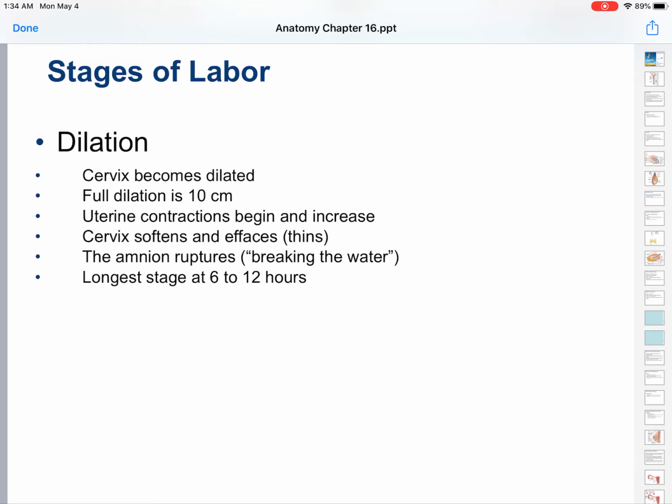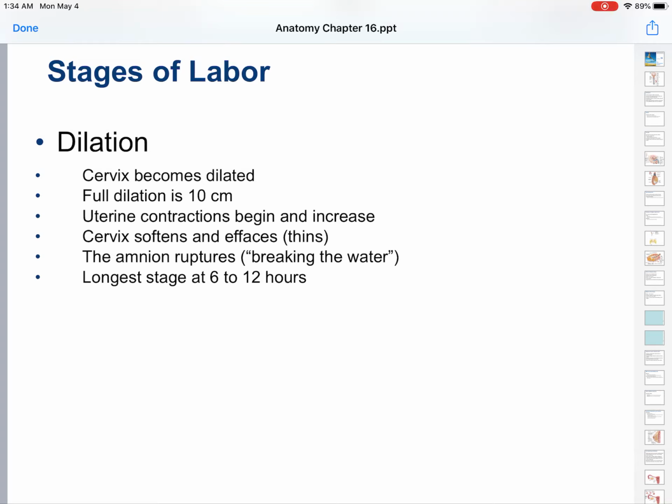Uterine contractions begin and increase. The amnion ruptures. We call this the amniotic fluid. When it ruptures, the fluid will leave the cervix and the vaginal canal, and we call that a woman's water has broken.